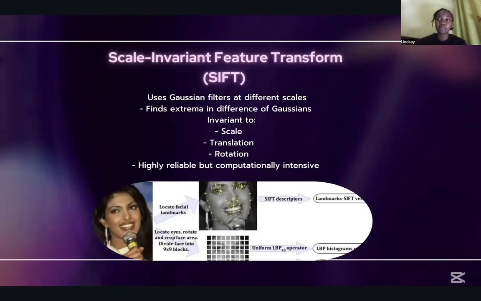It first blurs the image and turns it into grayscale, and then finds the extrema in the differences of the Gaussian. The idea is that the edges, the blobs, and the corners remain prominent across different levels of blur, which makes them good candidates for key points.